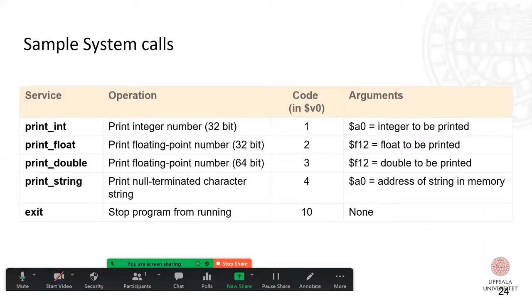The system calls are some sort of function calls. So we pass their arguments by this A0 register, for example. And exit doesn't have any arguments, but you just have to load the value 0 in the V0 register. We will see exactly how we load values into registers.